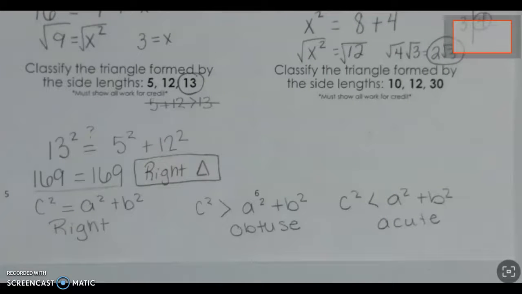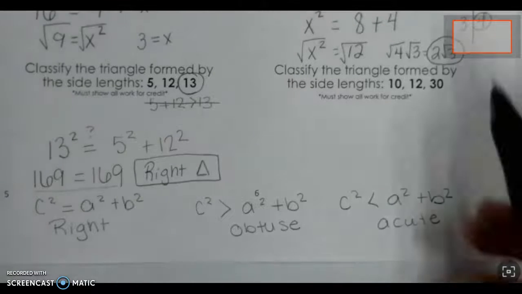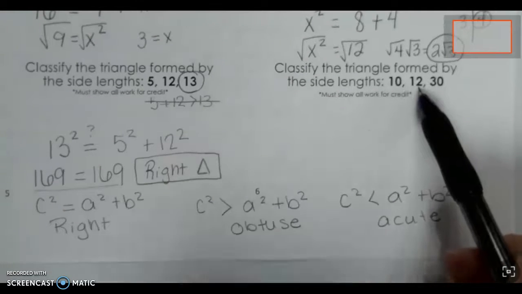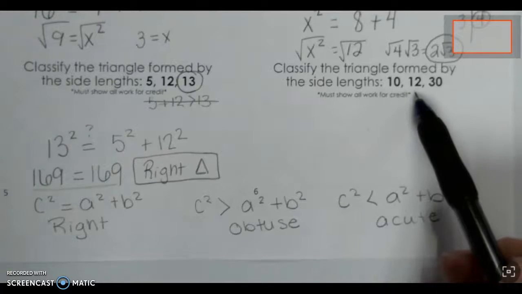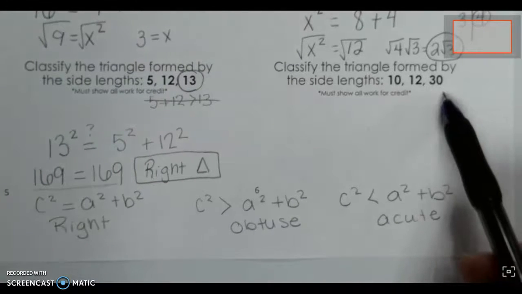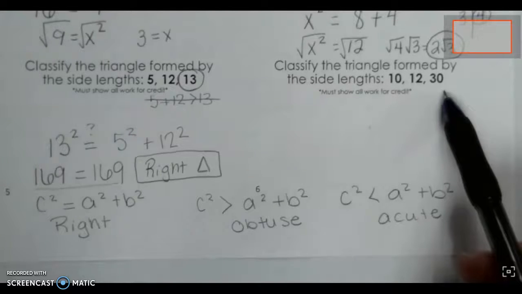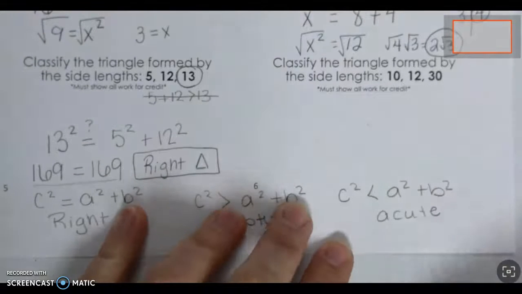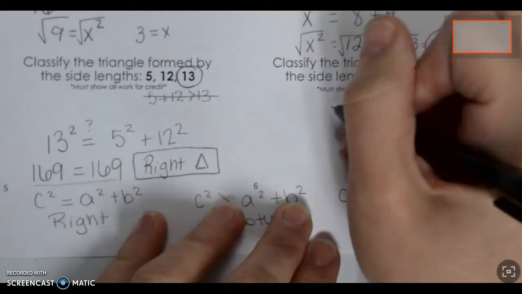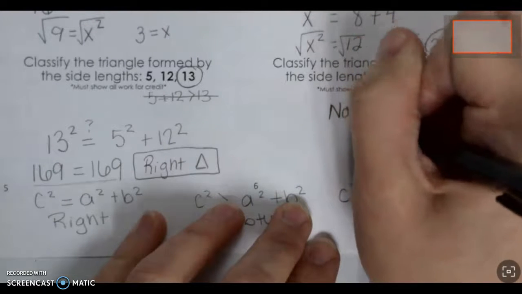Okay, let's try the next one. In your head, is 10 plus 12 bigger than 30? No. So 10 plus 12 is 22. 22 is not bigger than 30, so this is not a triangle.